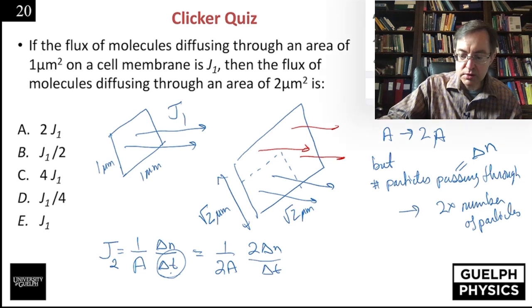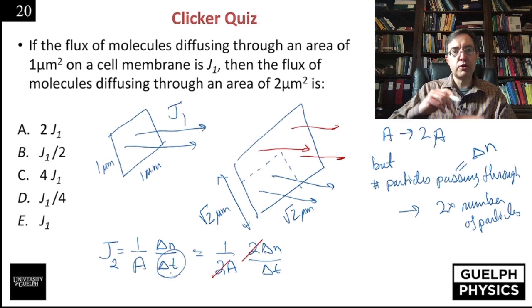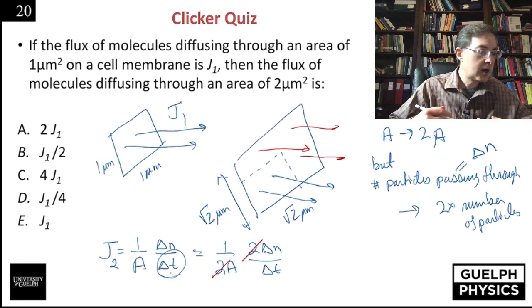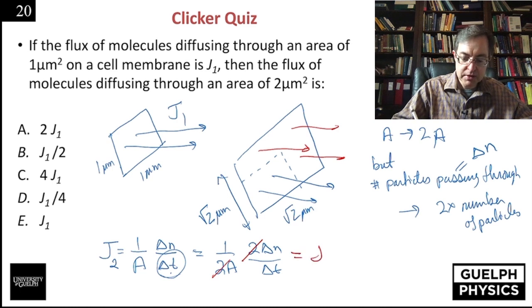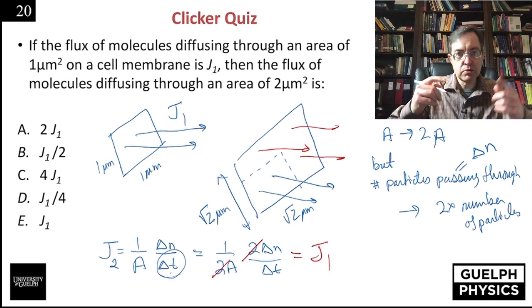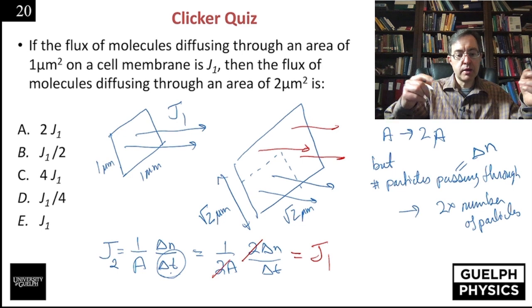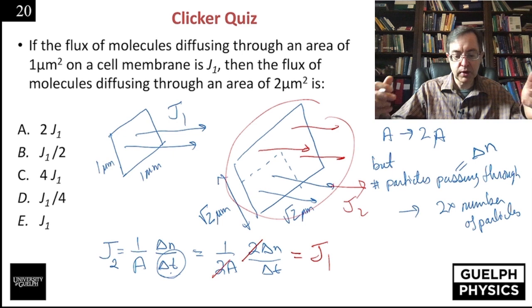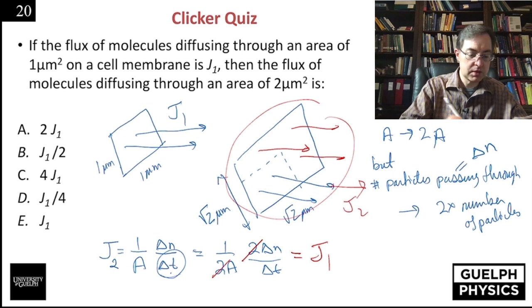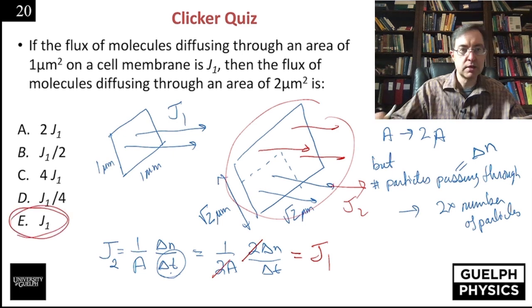There's a 2 in the denominator and a 2 in the numerator, because twice as many particles are going through twice the area. You see then that this is just J1. And so the total flux through this is equal to J1, and the answer is E.